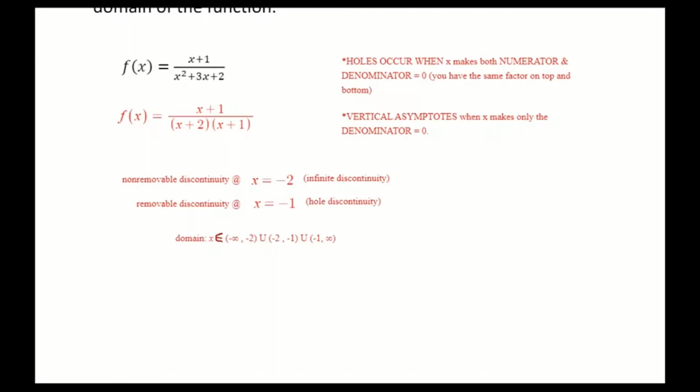You can also write it as an inequality, and I don't really care which way you do it, but here's how you would write it as an inequality.